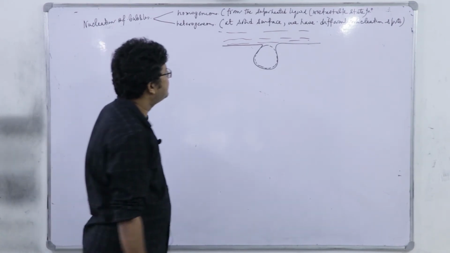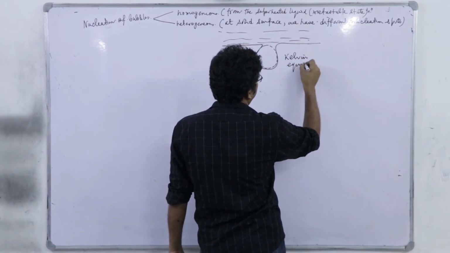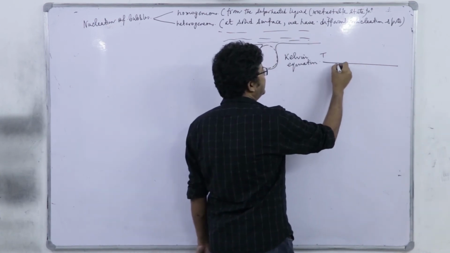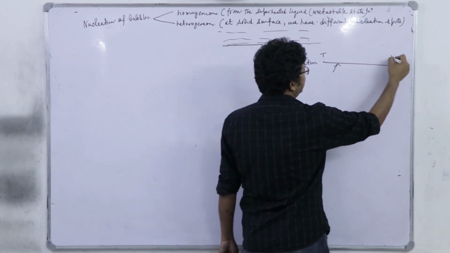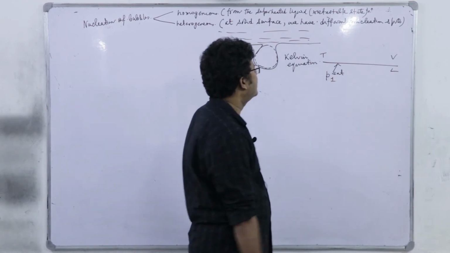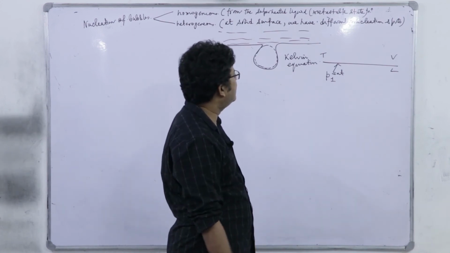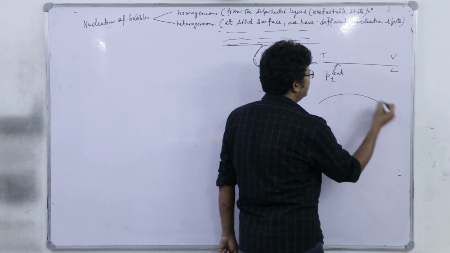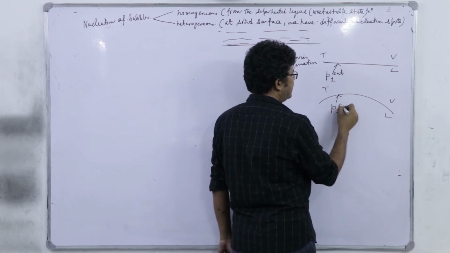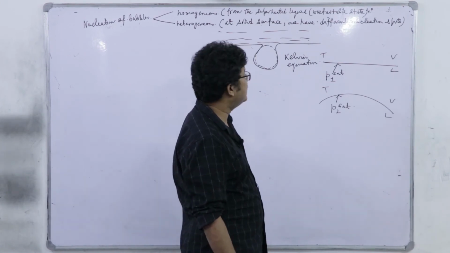Now, what will happen? We have in physical chemistry the Kelvin equation, I am not going into the detail. See what it states: for a flat surface between liquid and vapor at a given temperature, if the saturation pressure is P1sat, then when we curve that surface, for a curved surface of vapor and liquid at the same temperature, if the saturation pressure is P2sat, this saturation pressure is higher.